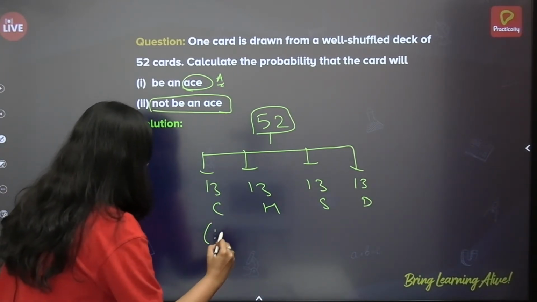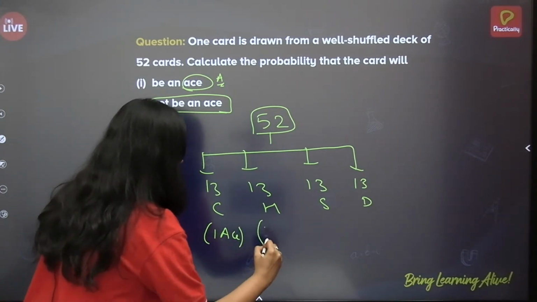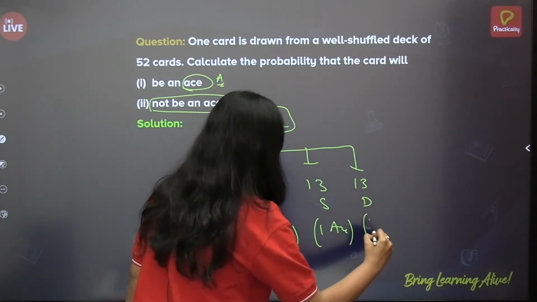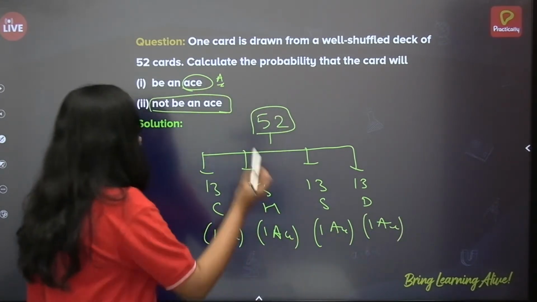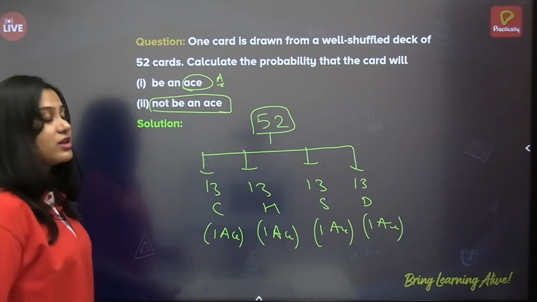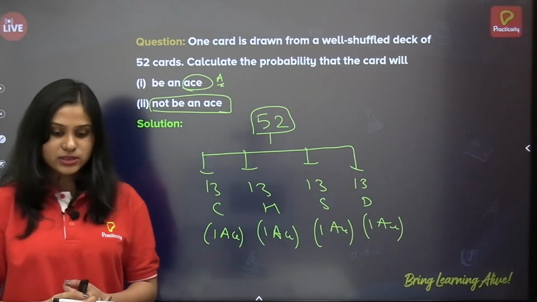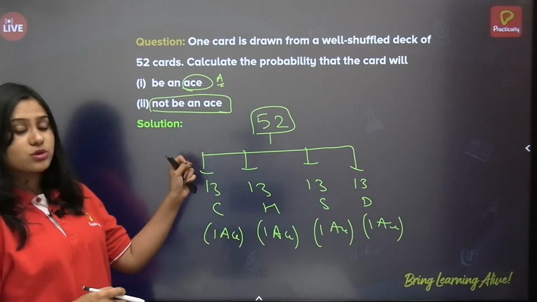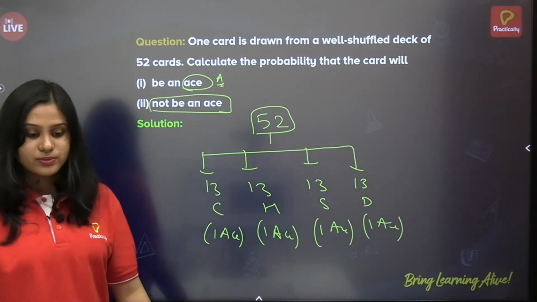So here also one ace, here also one ace, here also one ace, here also one ace. Now tell me, what is the probability that the card will be an ace? Come on, answer it. I have just given you the concept. Now you can answer the first question as well as the second question.